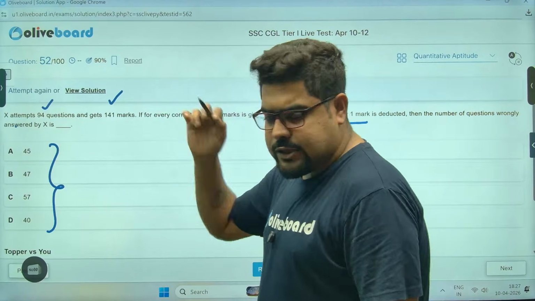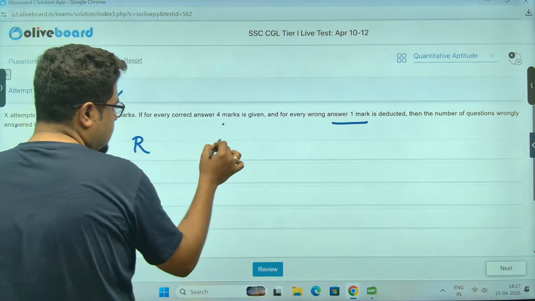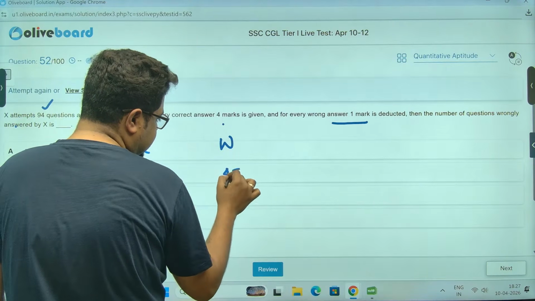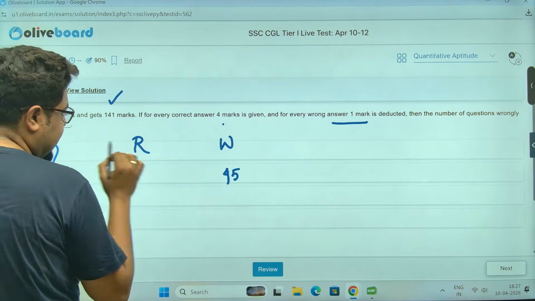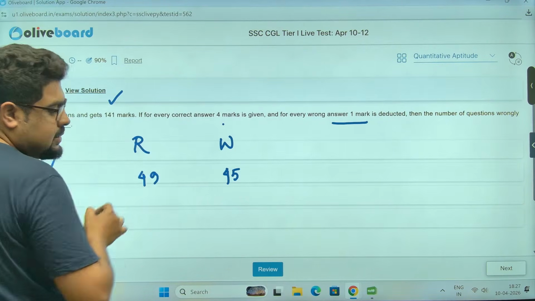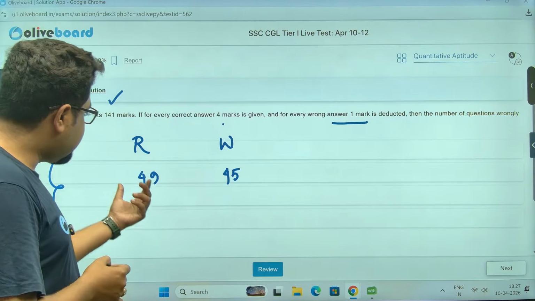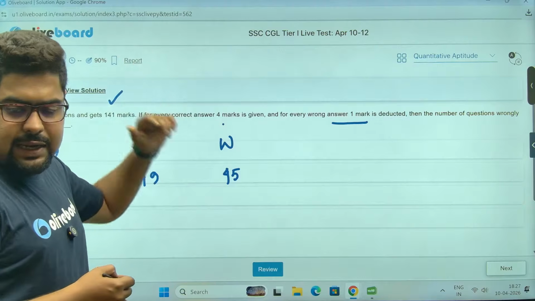So if I take the first option, let's say 45. So right and wrong. So 45, if it is wrong, sir, total 94 questions. So how many right? Sir, 45, 45, 90. So 49 is wrong, sir. Sorry, right? Because 49 plus 45 will become 94.